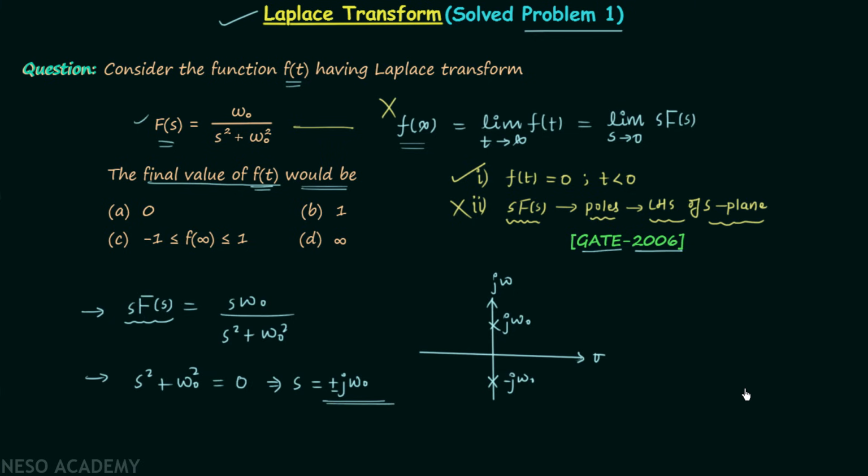Now what can we do to solve this question? To obtain the final value of f(t), the first step is to obtain the function f(t) itself. And we can obtain f(t) using the inverse Laplace transform. Using the inverse Laplace transform, we can find out f(t) from F(s).